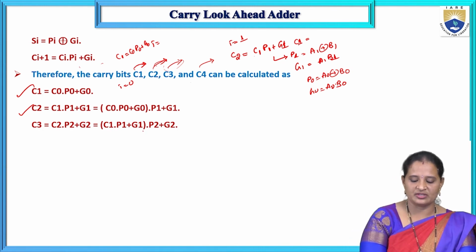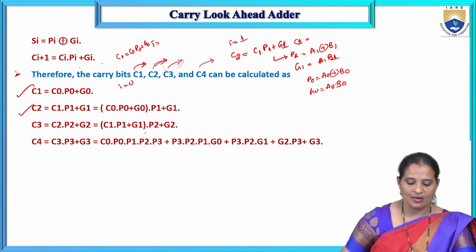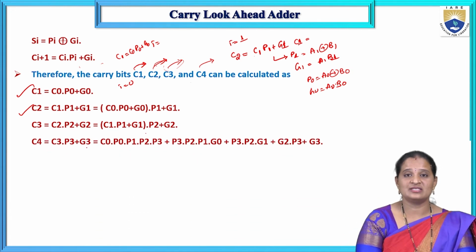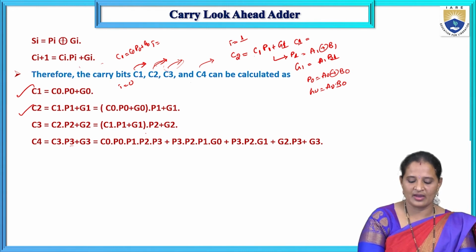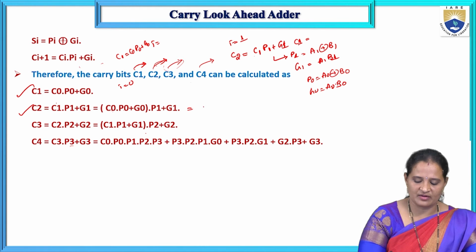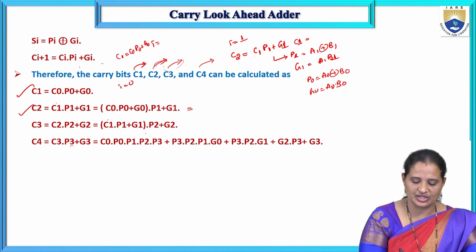I'm substituting this here. Now, C4 equals C3 P3 plus G3, where C3 can be given by C2 P2 plus G2. First of all, we already know the C1 value, which is C0 P0 plus G0.